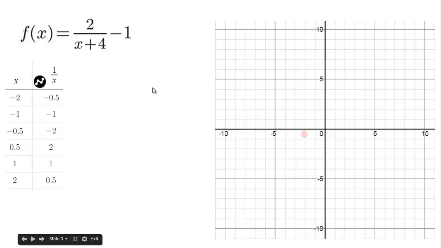So the next one, we start with the 1 over x graph. And remember, we plug in -2 to 2, but because we can't plug in 0, we plug in -1/2 and 1/2. And that gives us our base points, and that's the predictable shape that we had, that asymptote shape. The 2, what it actually does is vertically stretch it. It's not down with the x, but it is a multiplier, and so what it does is it vertically stretches it by 2.